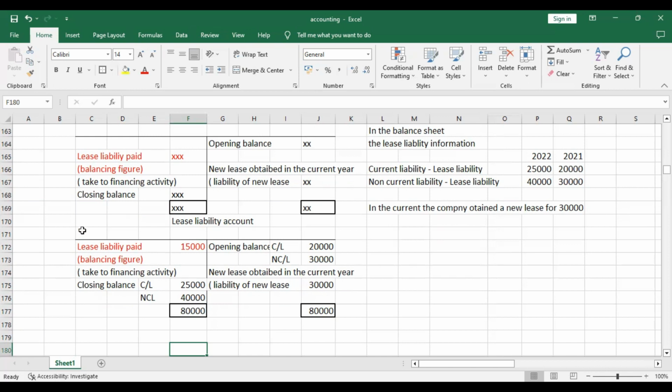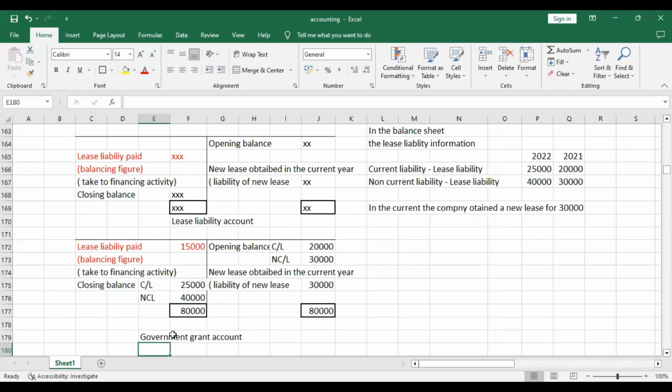So how does the government grant account look? The government grant account can be prepared for identifying how much grant is received in the current year or how much grant is amortized in the current year. Are you clear?